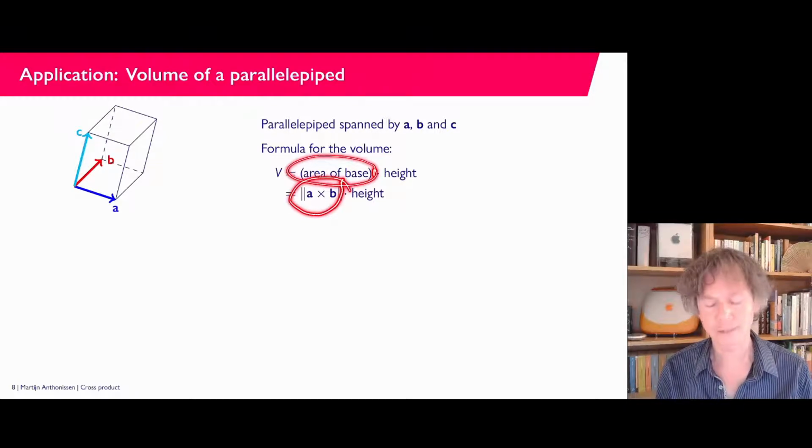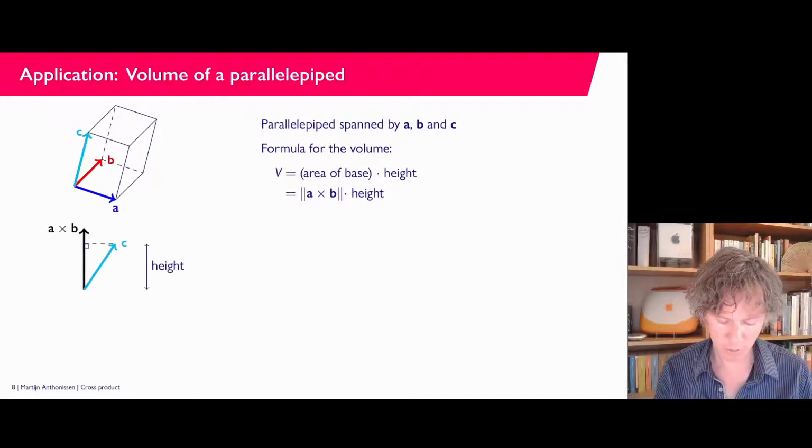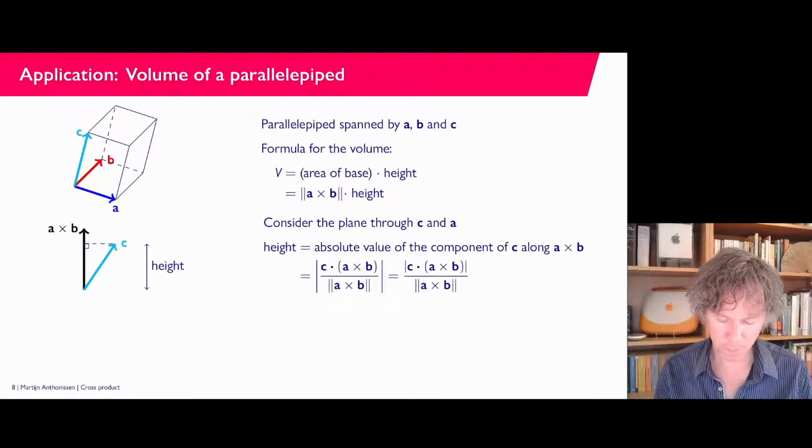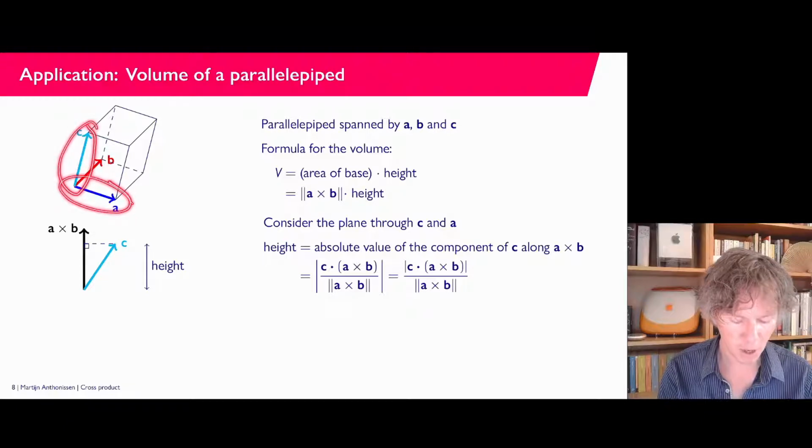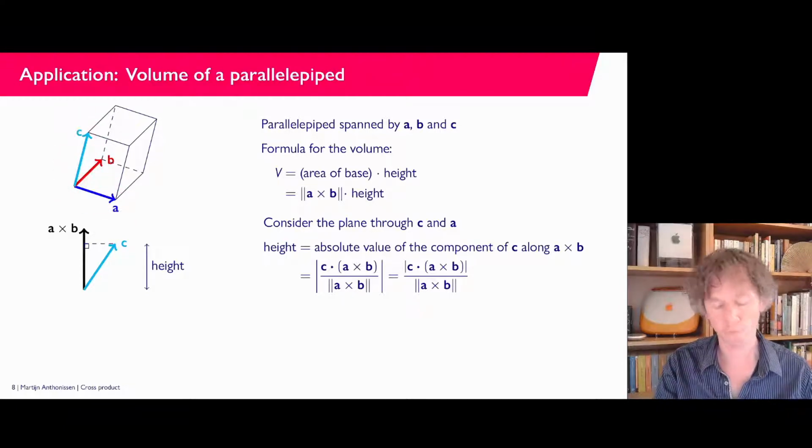So what is the height here? Well, let's make an illustration where we look in the plane through C and A. So we take this C vector, we take this A vector, and then we look at the plane that goes through them.